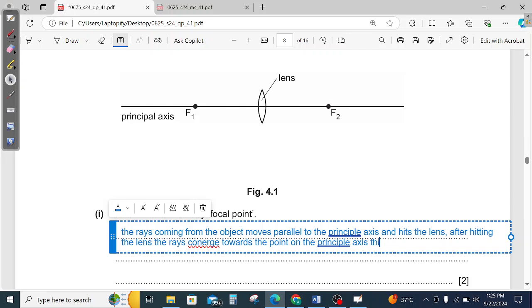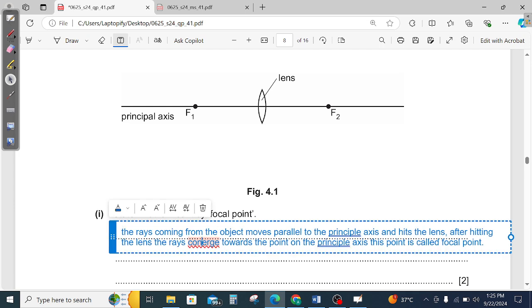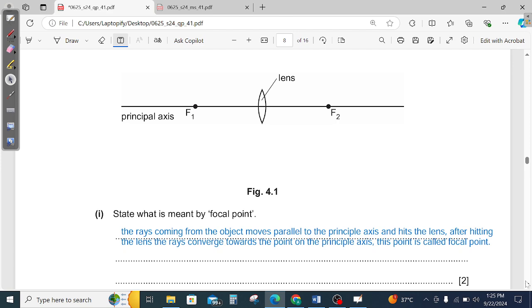This point is called the focal point. Is it clear? The rays converge towards the principal axis at that point, and that point is called the focal point. You will easily get 2 marks here.